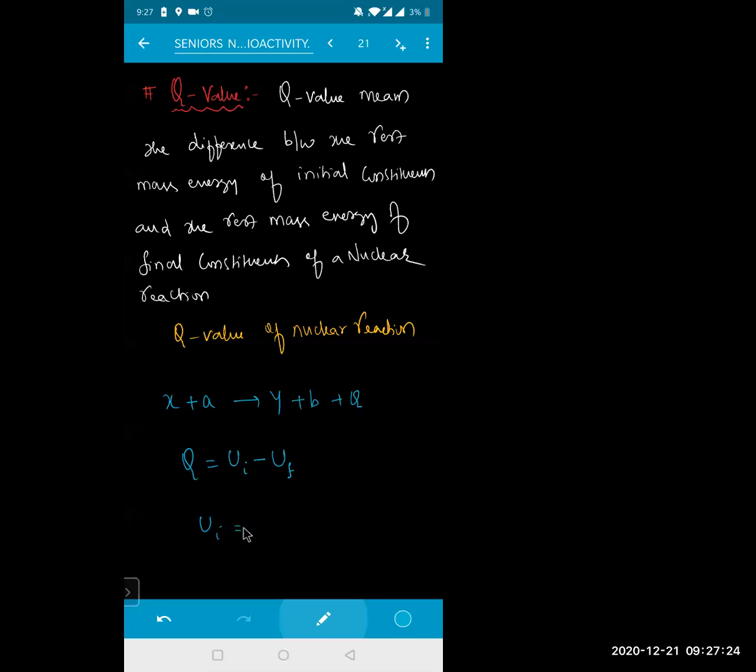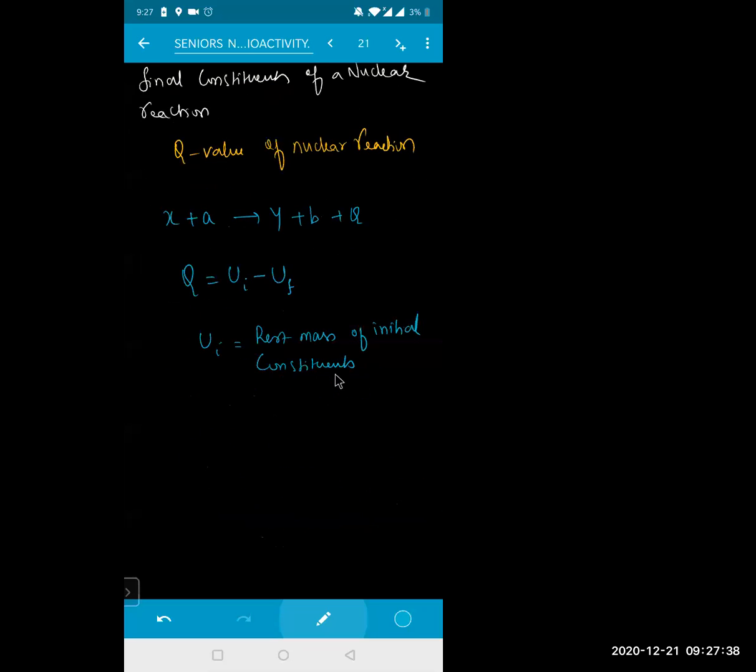Ui is the rest mass energy of initial constituents. And what is U final? U final is nothing but the rest mass energy of final constituents.